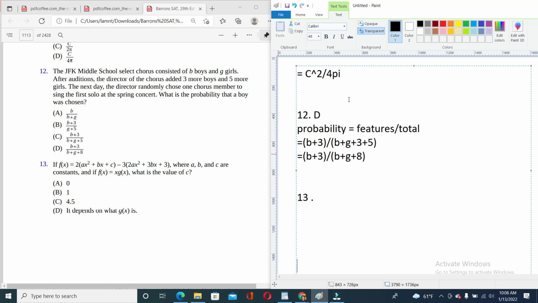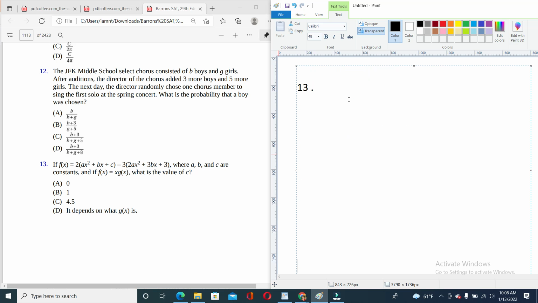Number 13, we have a function where a, b, and c are constants. We have a function f(x), and we are given a second condition that f(x) equals x times g(x), and they ask us about the value of c. Okay, let's try to write it out.